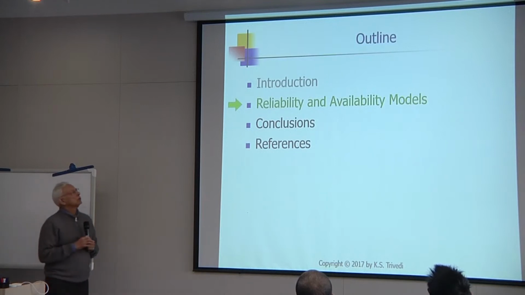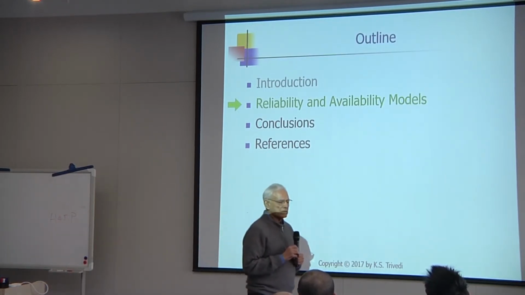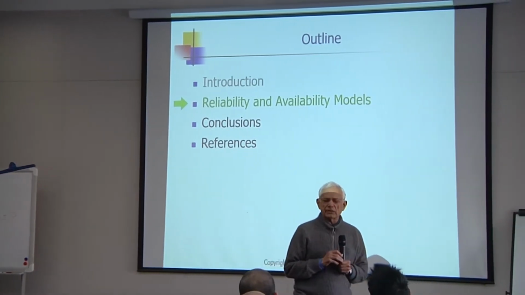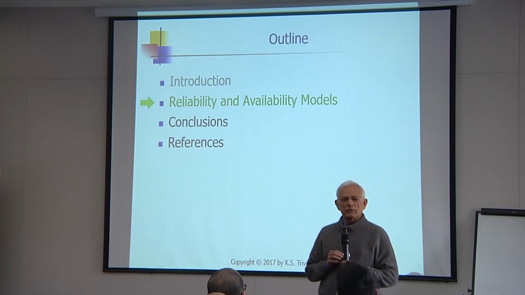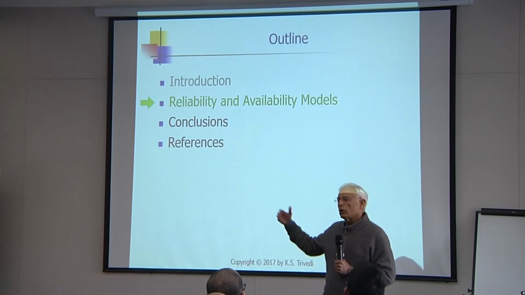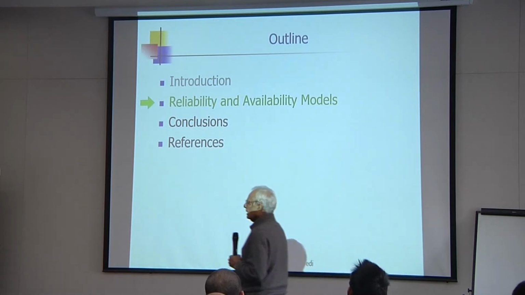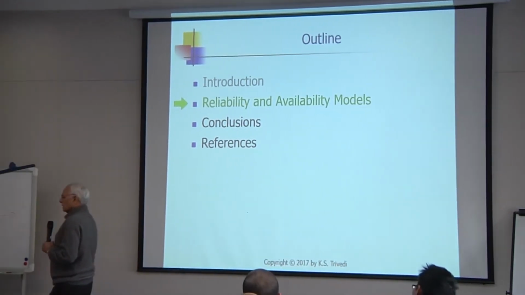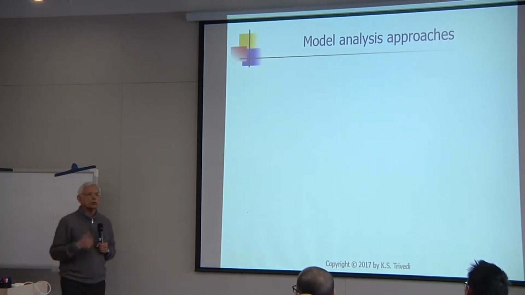So in order to do this, given a system or system design, we need methods that will allow us to assess the level of reliability or availability that system has. I have not included performance here, but performance is another component. And the approach is to do this.